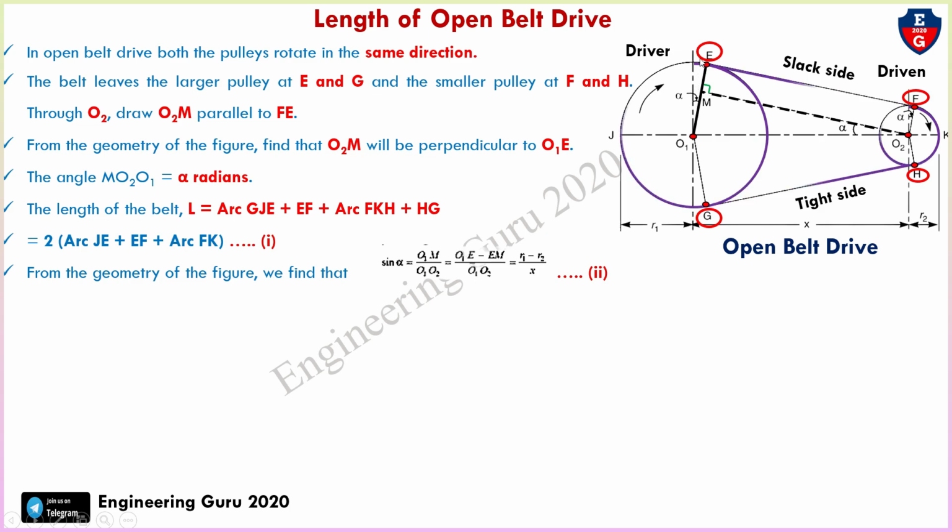Here O1E equals R1, this radius, and EM is the same as O2F, which is R2. So sine alpha equals R1 minus R2 divided by X, where O1O2 is X. So this is your equation number 2. Since alpha is very small, putting sine alpha equal to alpha, we can write alpha equals R1 minus R2 divided by X.